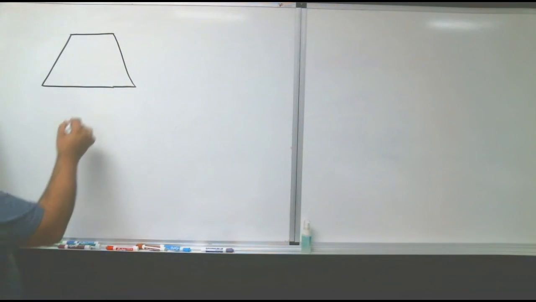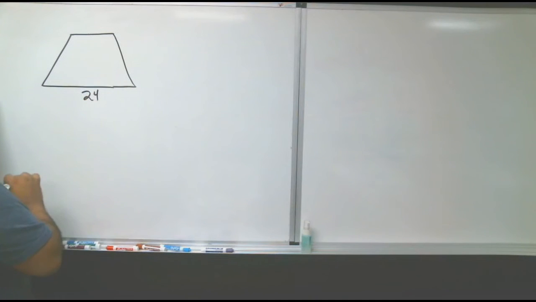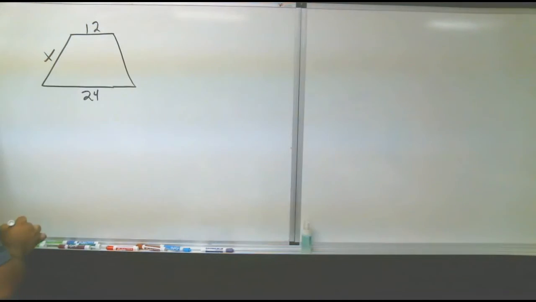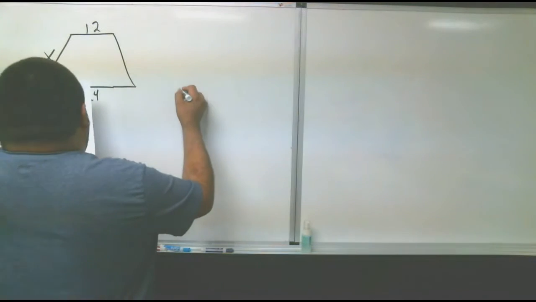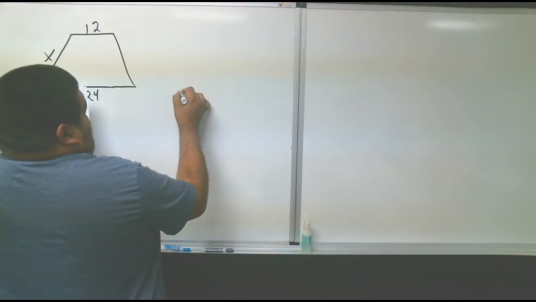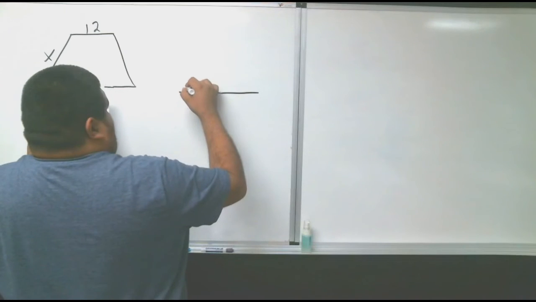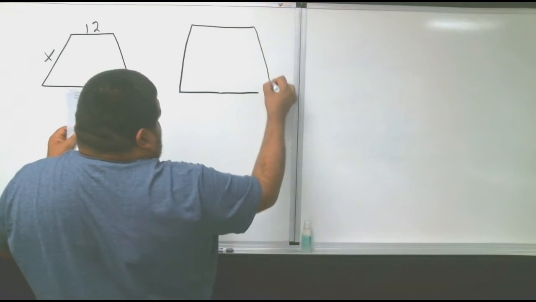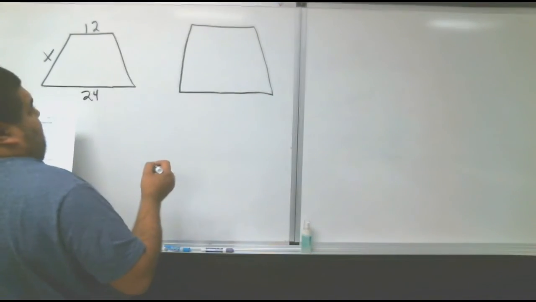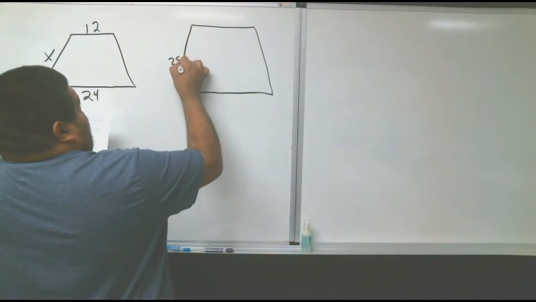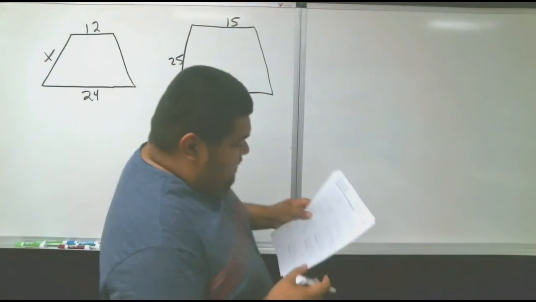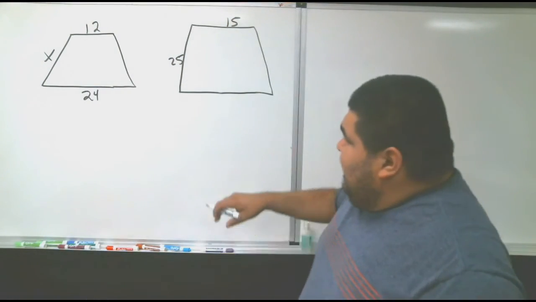The little slanted side from one side, 24 from the base, 12 from the top, and then we're solving for the side. On your other one, they're kind of the same. We have 25, 15, and we're solving for x.